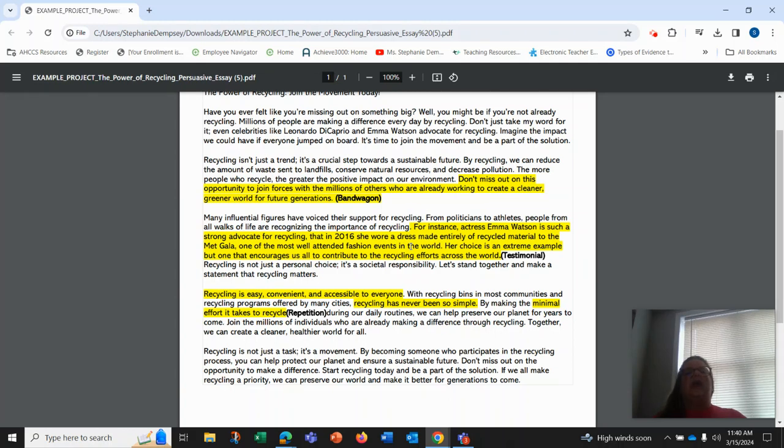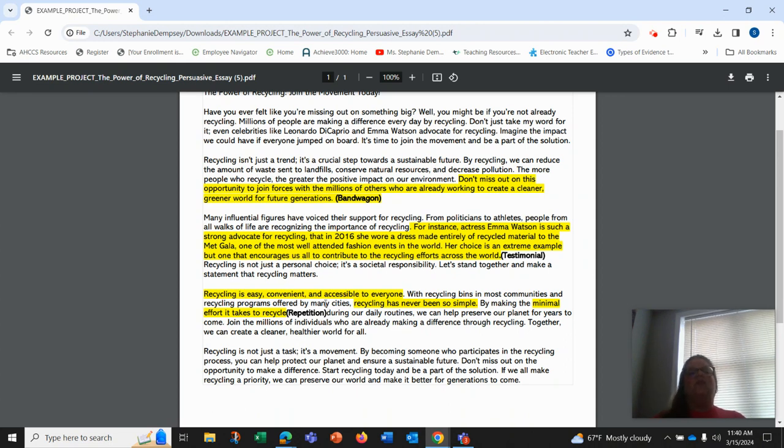Her choice is an extreme example, but one that encourages us all to contribute to the recycling efforts across the world." So since that was the propaganda technique I used, I highlighted it and then I put what was being used in parentheses. The last technique I used was repetition.